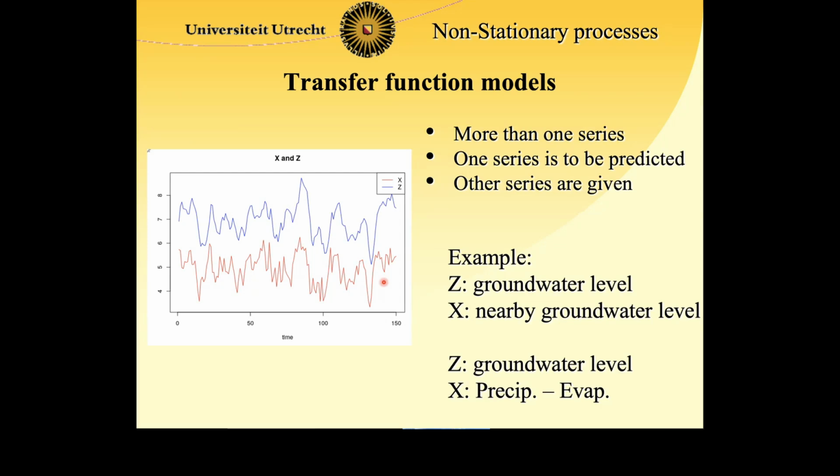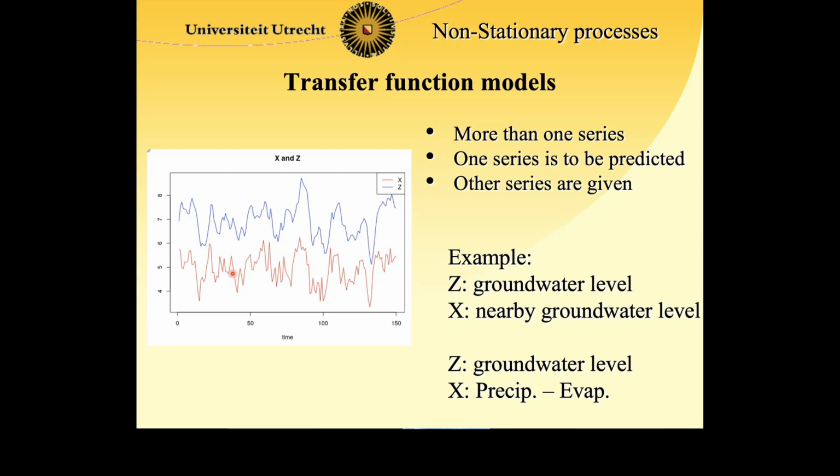So if you have more than one series, and one series is to be predicted and the other series is given, then you can actually use this as auxiliary information, as a regressor, in your time series model, to predict this one. And this is a so-called transfer function noise model.